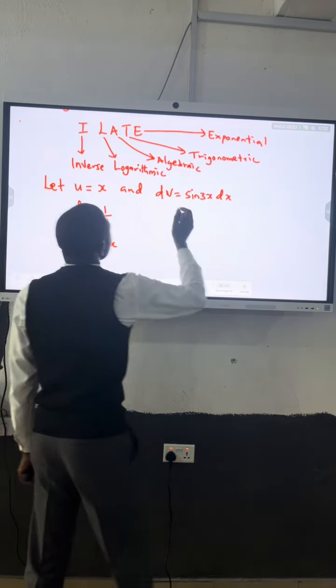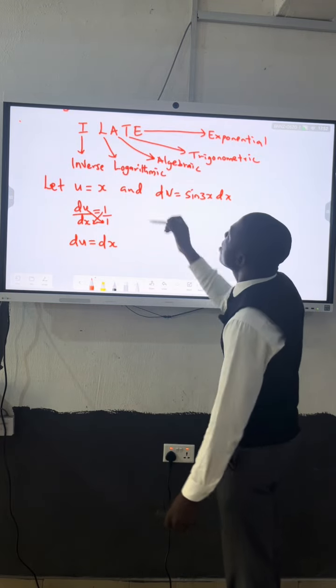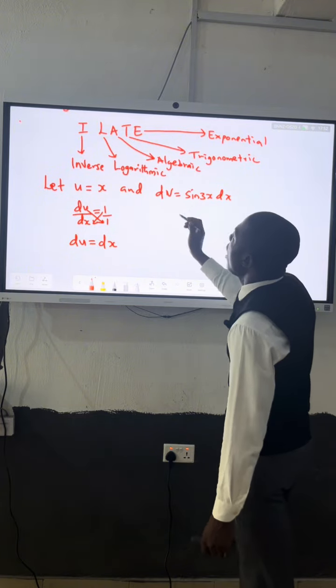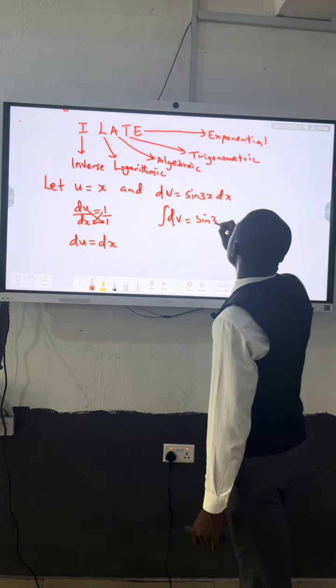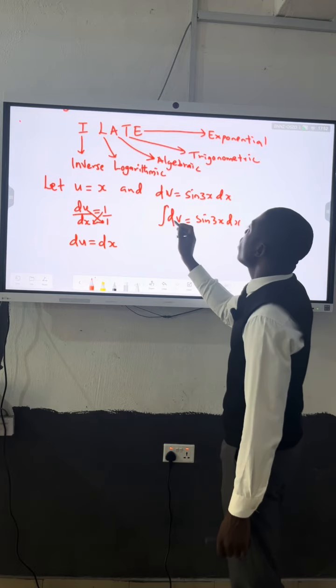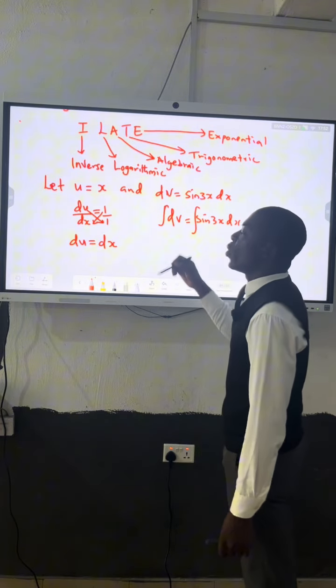Now, when you come over to this place, integrate both sides so that you can get v, because v is needed in the formula. If you do that, you have the integral of dv is equal to the integral of sine 3x dx. Now you are integrating with respect to v at the left hand side, so you manipulate and bring in v.